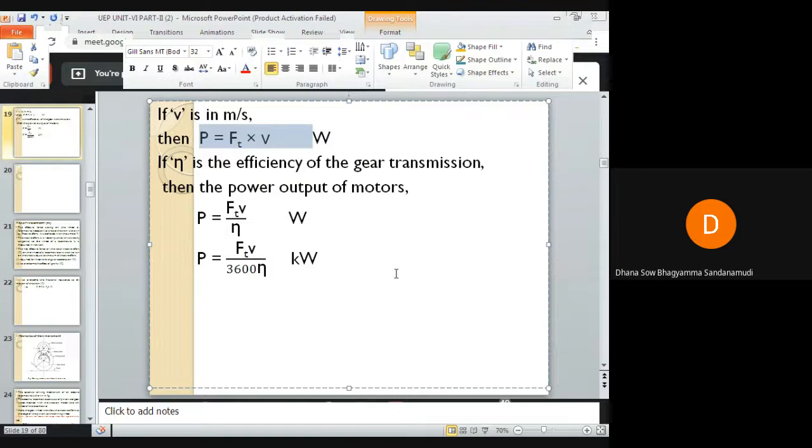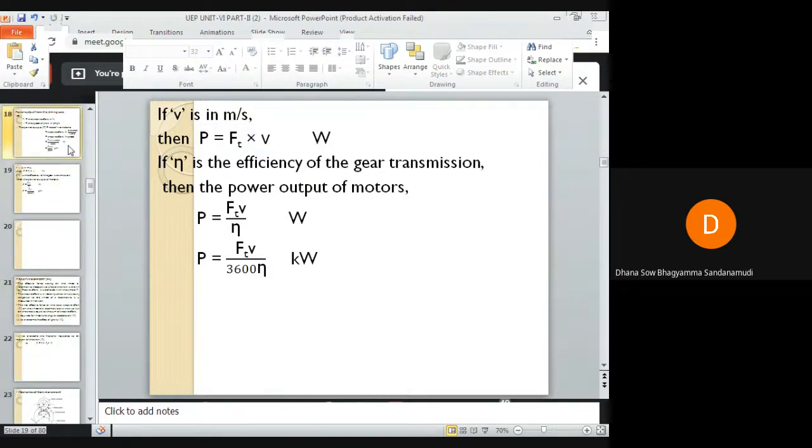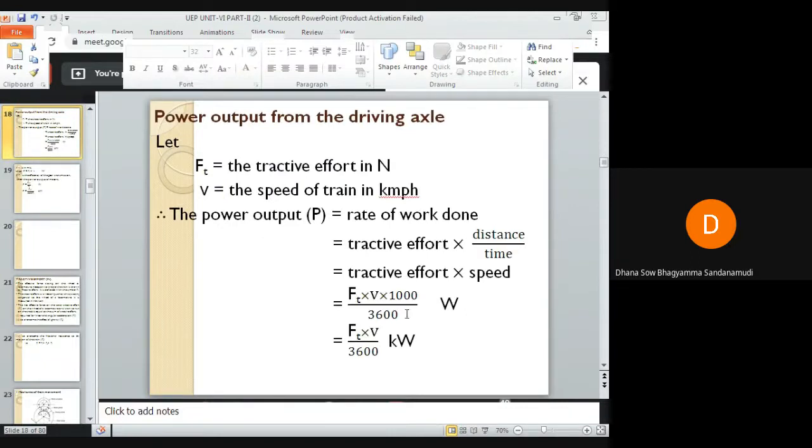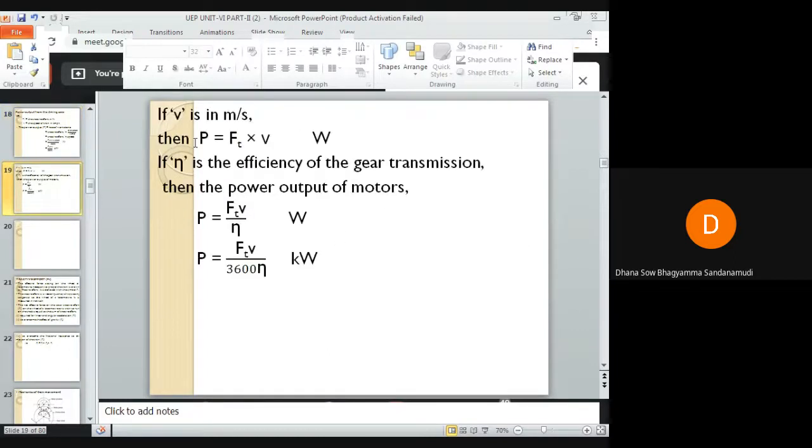What I have done is converted kilometers per hour to meters per second. If I am assuming that V is in meters per second, there is no need to write 1000 by 3600. When V is in kilometers per hour, I have to multiply Ft into V by 1000 by 3600. So if V is in meters per second, then simply I can write P is equal to Ft into V.